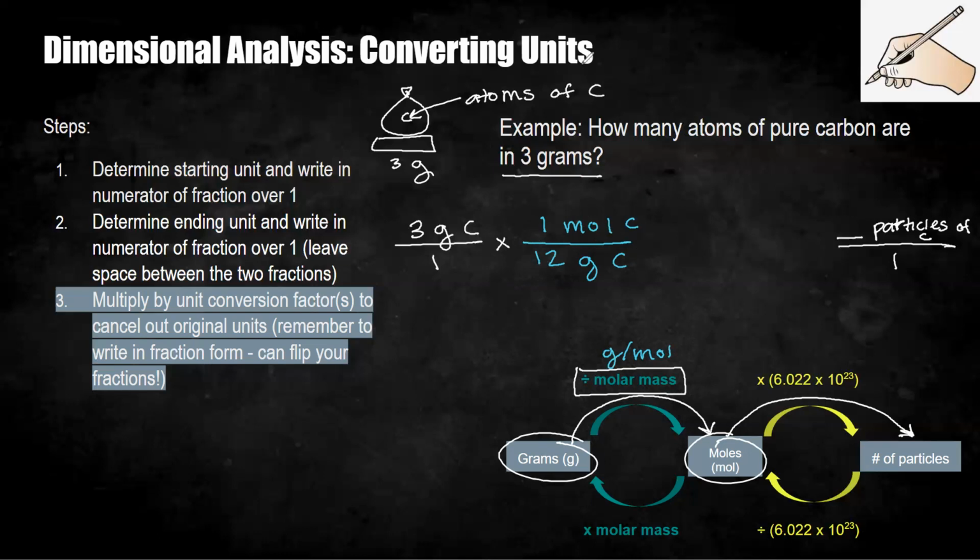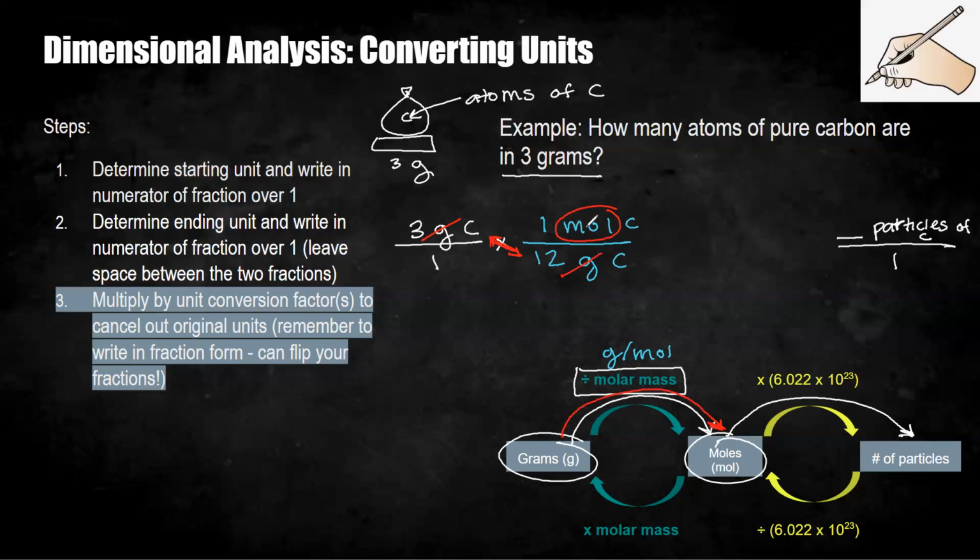What this allows me to do is cross multiply and cancel out the units of measurement of grams. So I'm going to cross those out. And now I am left with moles in my numerator. So I have crossed over from grams to moles at this point.